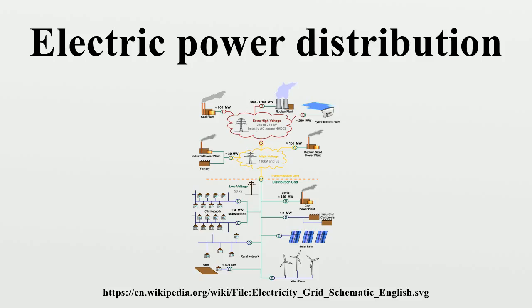To keep losses to an economically practical level, the Edison DC system needed thick cables and local generators. Early DC generating plants needed to be within about 1.5 miles of the farthest customer to avoid excessively large and expensive conductors.